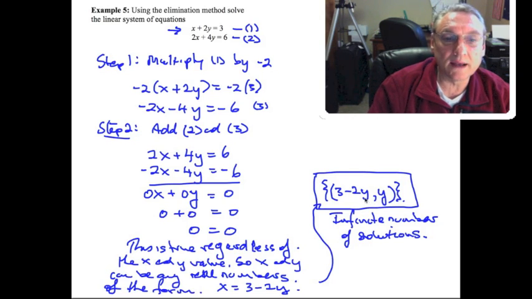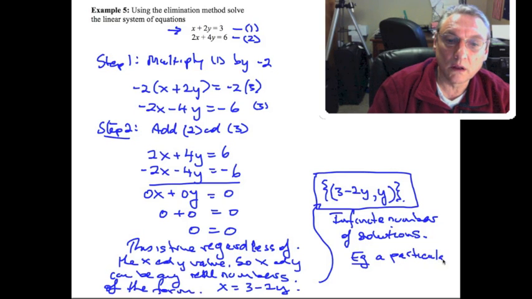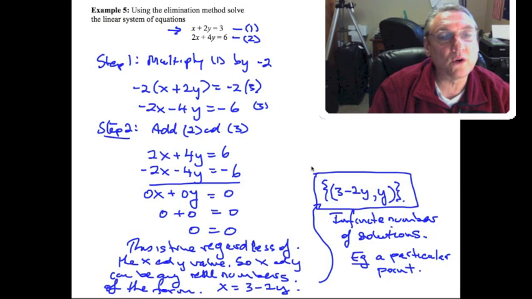So for example, when y is 0, a particular point that satisfies the system of equations would be (3, 0).